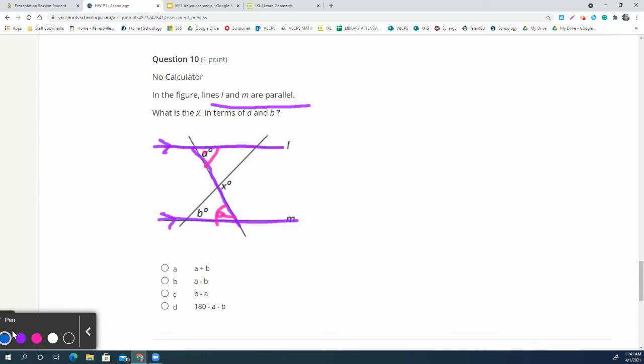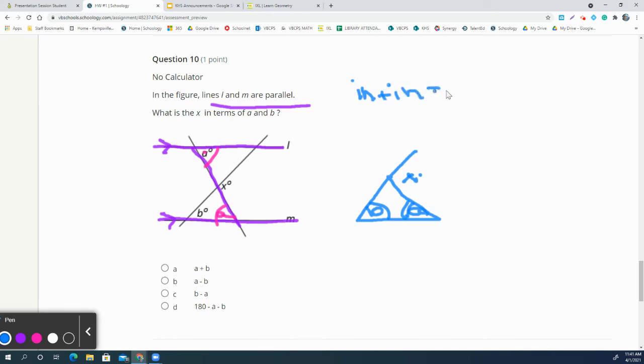Now, as if that was not tricky enough, if we just look at this triangle here, because I've got 3 variables all on that one triangle, I'm going to redraw it over here. So I've got X and B and A. I've got an interior angle and an interior angle and then an exterior angle. What do we know from Unit 4 about 2 interior angles and an exterior angle?